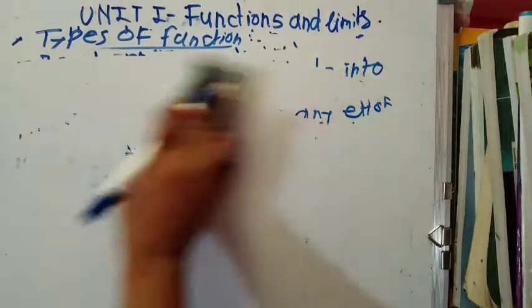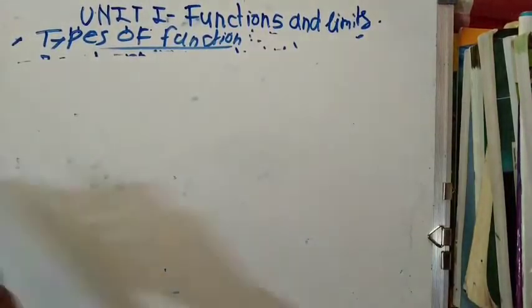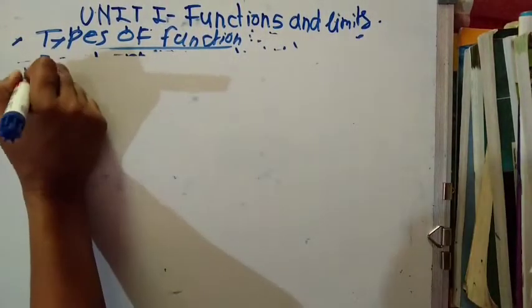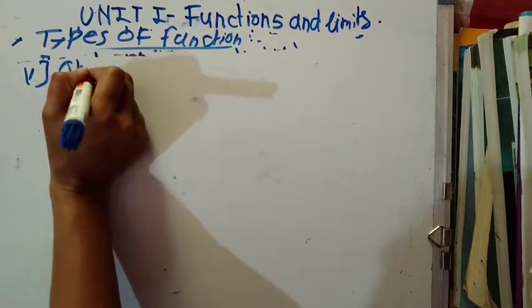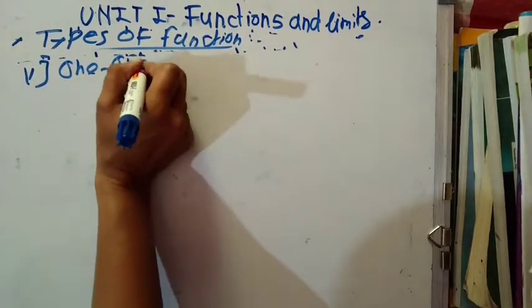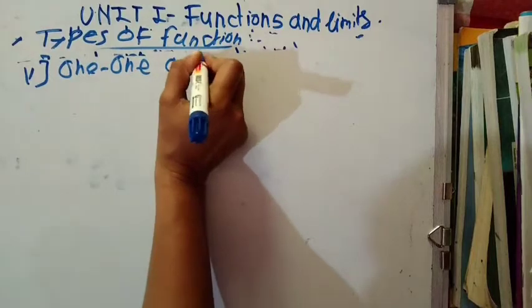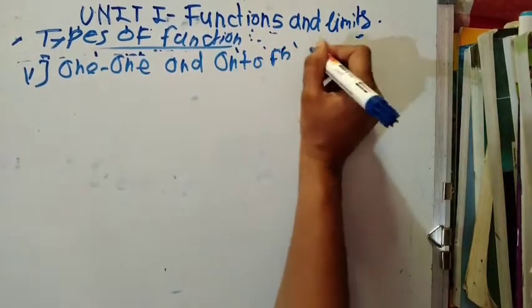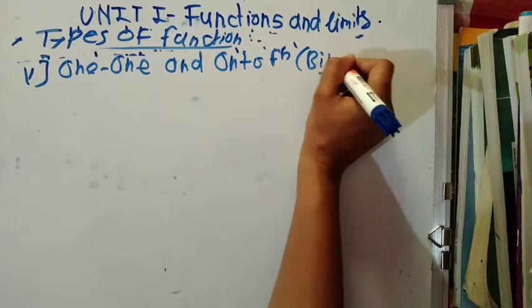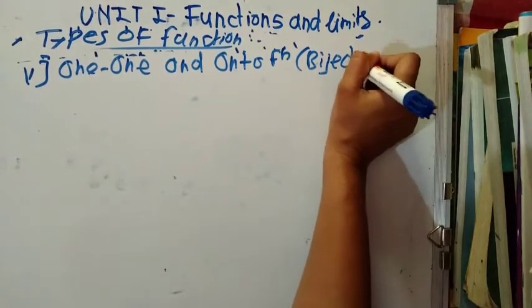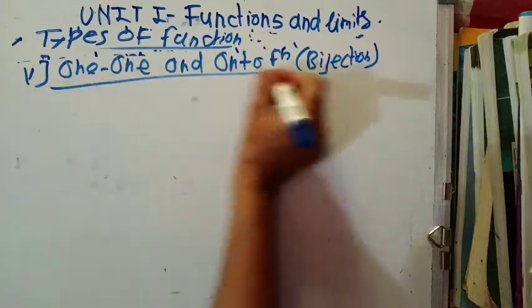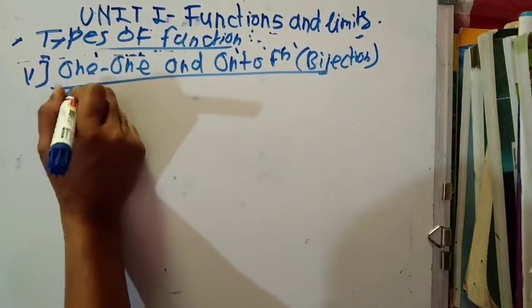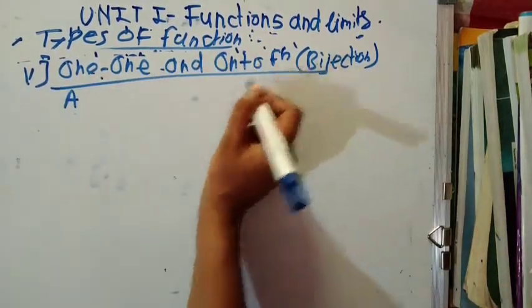Then the last type of function is one-to-one and onto function, which means bijection. Two properties: one-to-one and onto. There is a bijection. So what is meant by one-one and onto function?